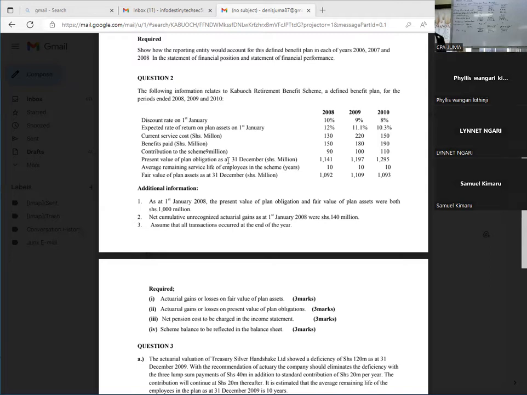Let's go to Roman 2 of the required: actuarial gain or loss on present value of obligations. So, tell the obligation.